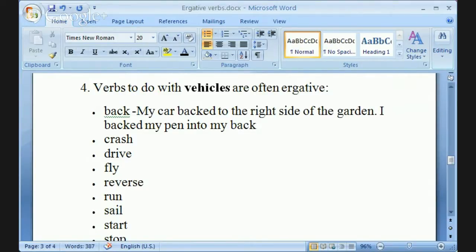B-A-G. Bag. Same A sound there. I backed my pen into my bag.